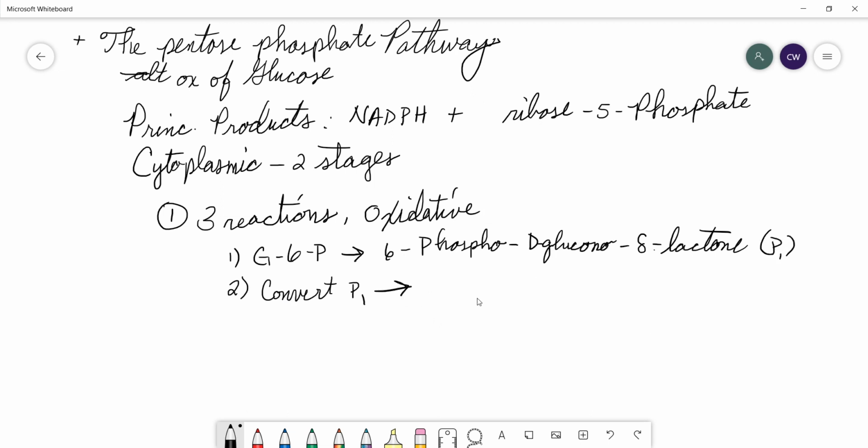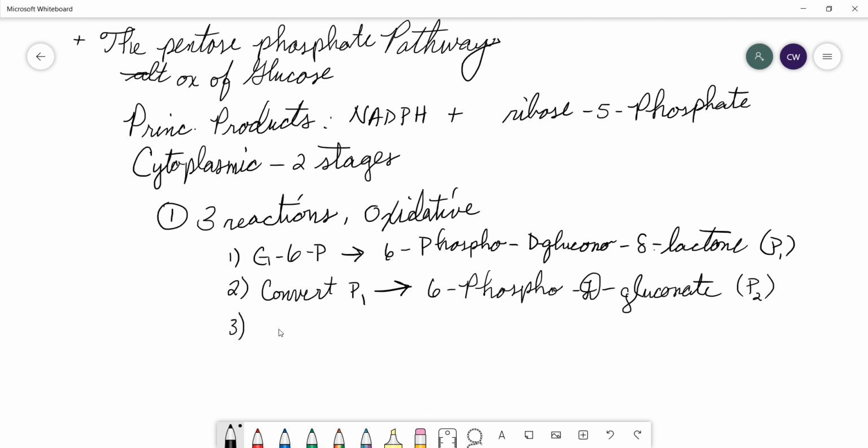So we convert product 1 to 6-phospho D-gluconate. And again, I want you to draw that in your notebook. I'm going to abbreviate it product 2.